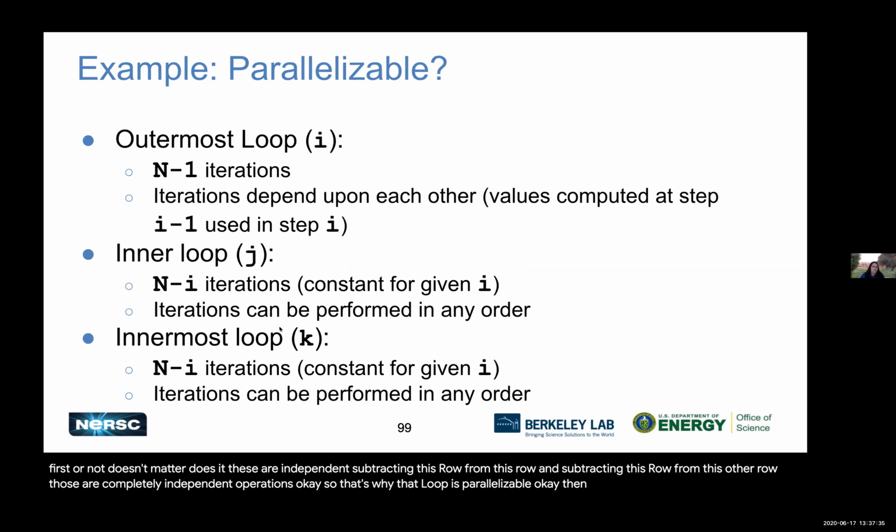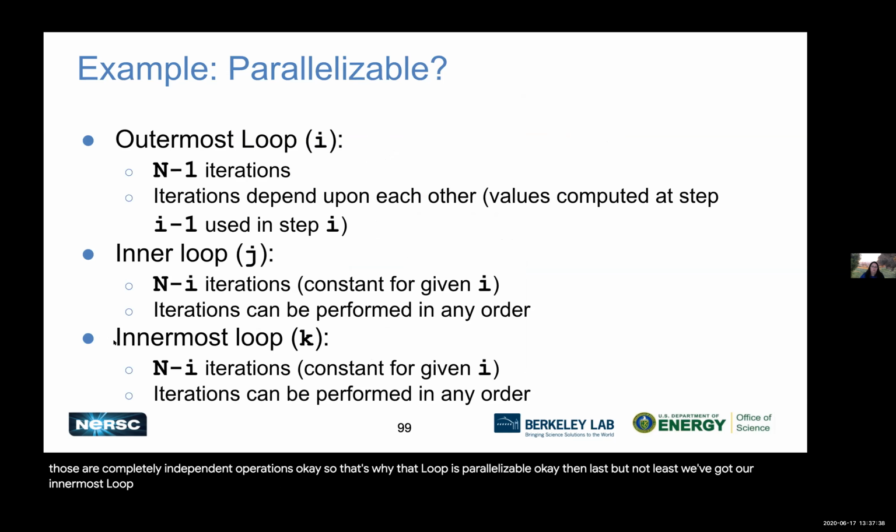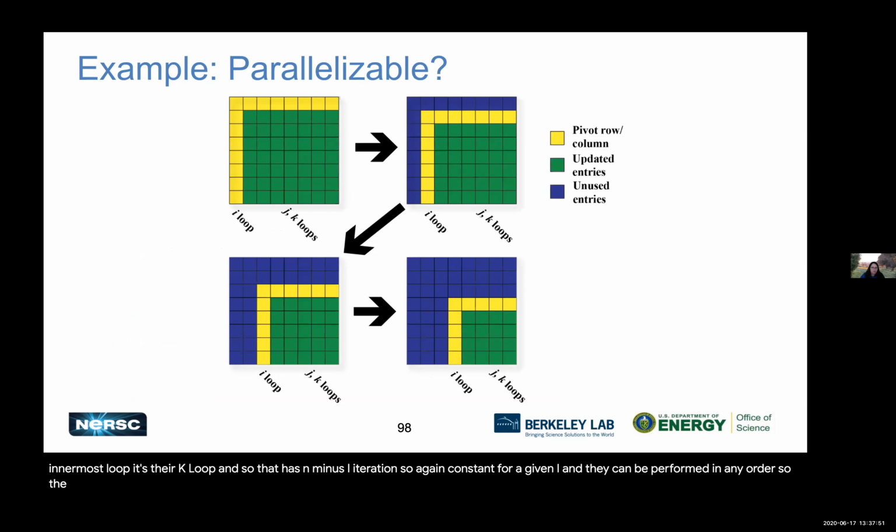Okay, then last but not least, we've got our innermost loop. It's the K loop. And so that has n minus I iterations. So again, constant for a given I. And they can be performed in any order. So in the K loop, we're iterating across entries in a given row. So does it matter if I subtract a multiple of this value from this value first, or this other value from this value first?